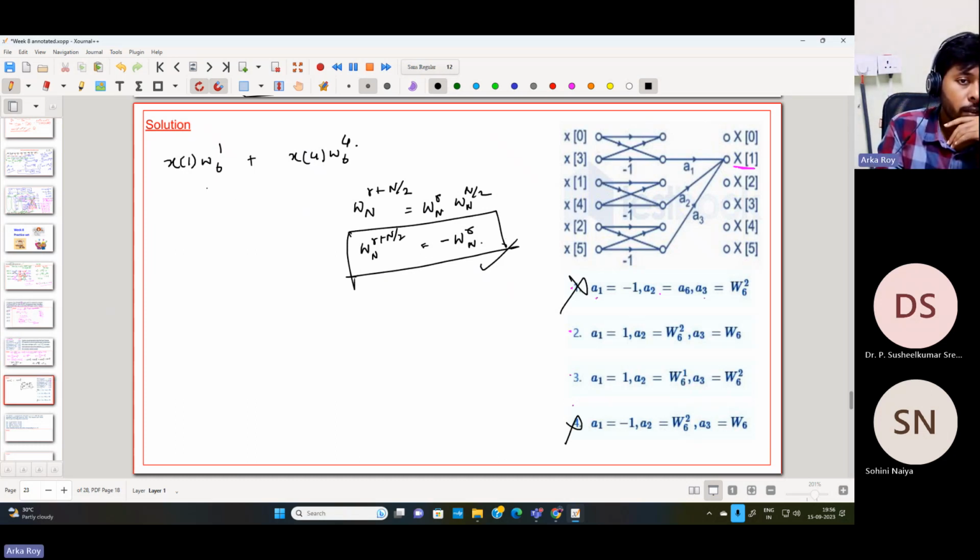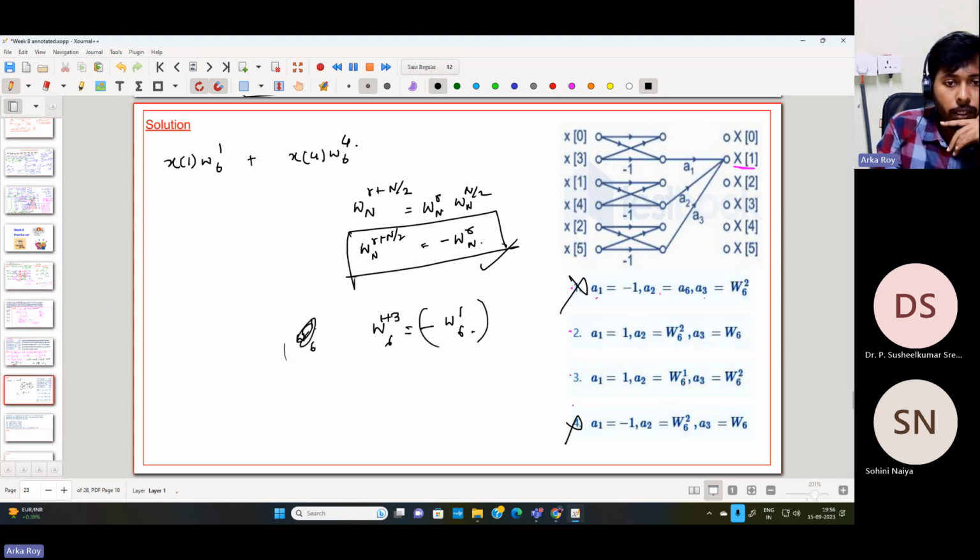So over here we can see W6 1 plus 3, that is n upon 2, will basically be minus of W6 1.